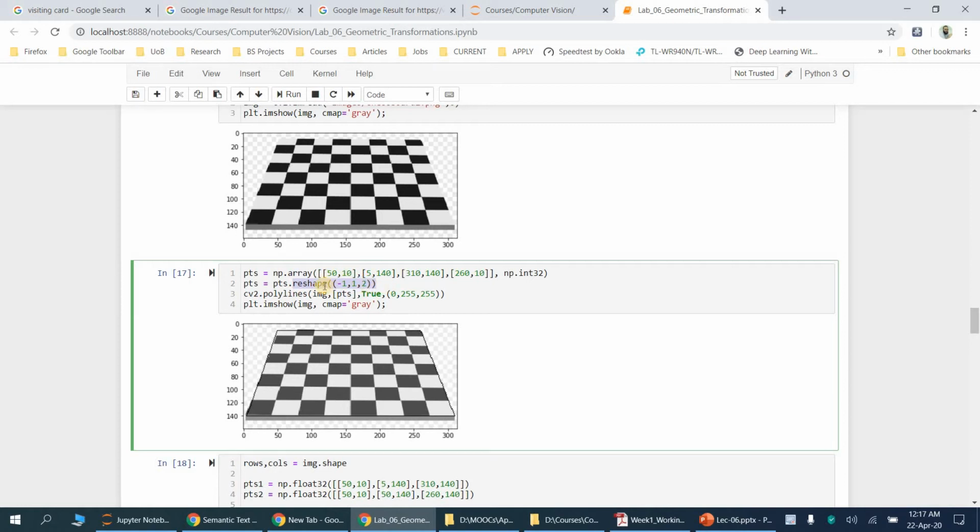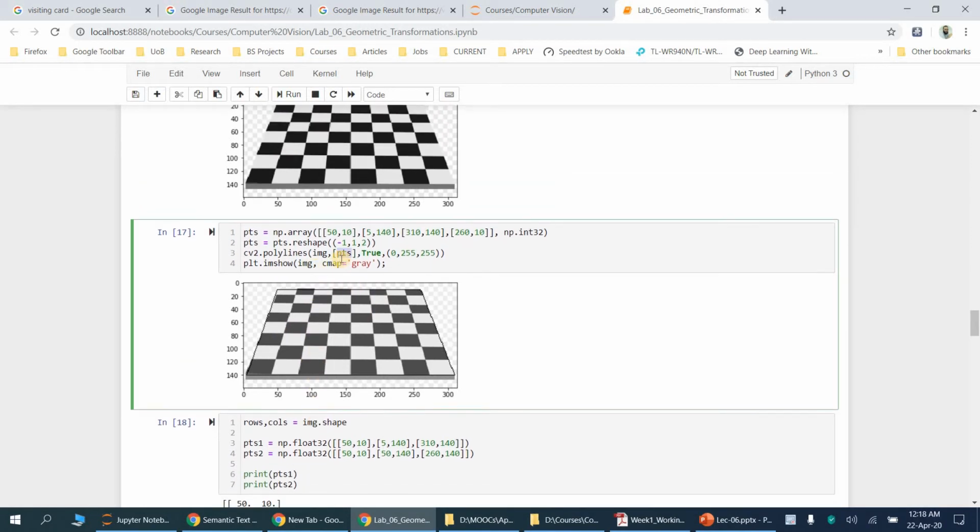So just use it as is, you don't need to go into details. And then I use this function which you practiced somewhere in your lab, which is polylines. So to draw this, take the image and take the array of points, and it will draw the box on the image. Okay, finally you display your image.